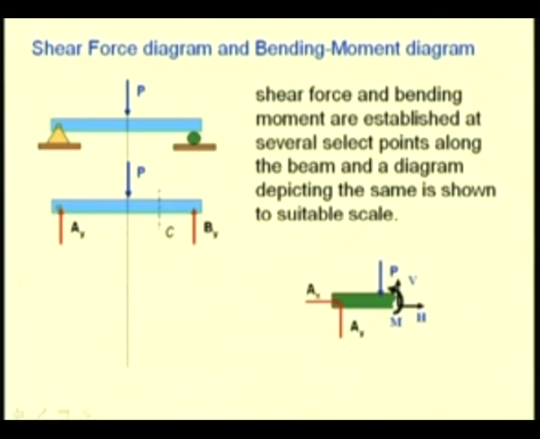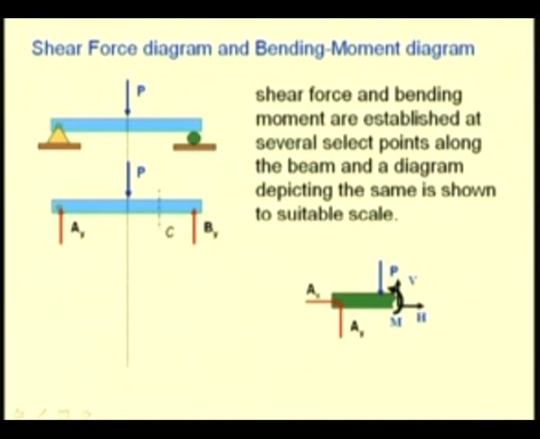So, this is a free body diagram of the portion of the beam AC. We have this shear force, the bending moment and axial force if any in the positive convention. For this case, since Ax is 0, the axial force H is also 0 and we have only the shear force and bending moment as the internal forces.